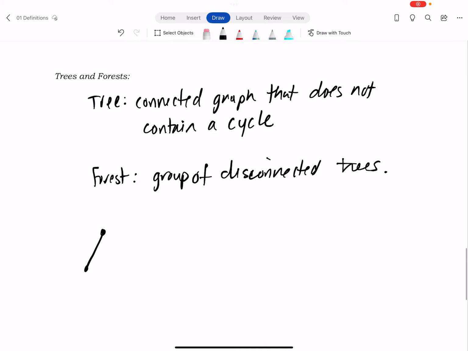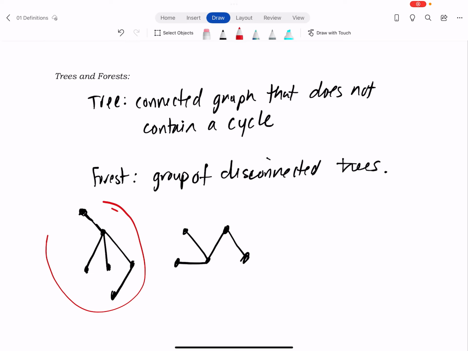So if you had a tree here, this is one tree, right? It's a forest with only one tree in it. But if I added some more trees over here, this is a forest which has two trees in it.